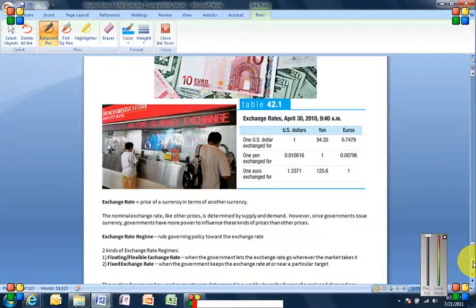One exchange rate regime is known as floating or flexible exchange rate, which is what we have in the United States. This is when the government lets the exchange rate go wherever the market takes it. Or you could have a fixed exchange rate regime, when the government keeps the exchange rate at or near a particular target.